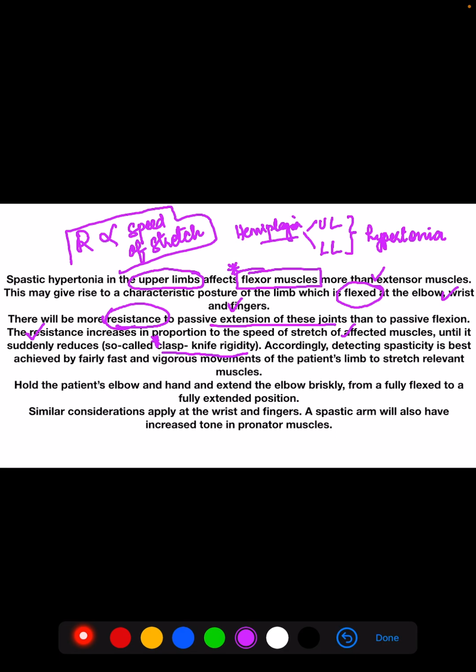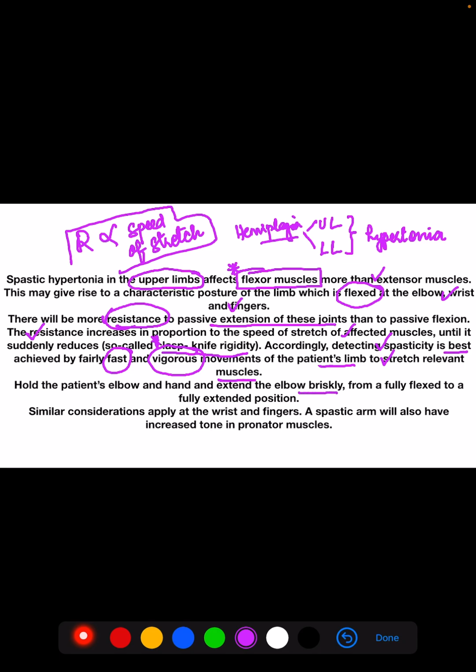Okay, so if we have to detect the spasticity, this is best achieved by fairly fast and vigorous movements of the patient's limb to stretch the relevant muscles. Hold the patient's elbow and hand and extend the elbow briskly.